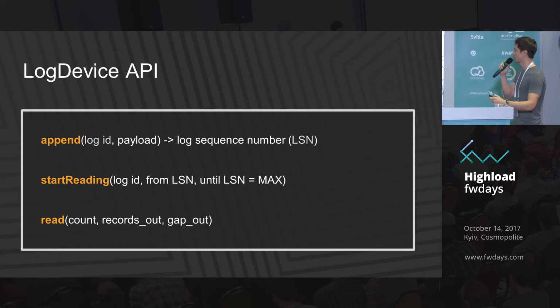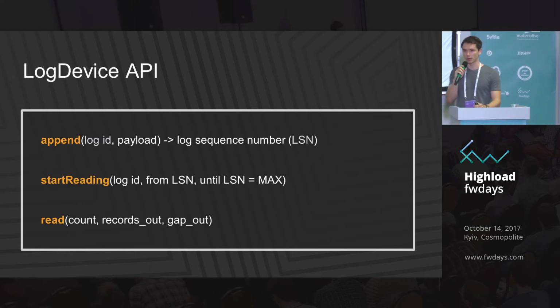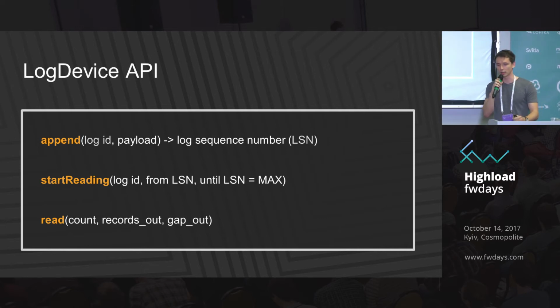To start reading, you specify a log ID and log sequence number. And you also specify a last sequence number where you want to stop reading. If you specify just max, it means that you want to tail. You will read and you might stall at some point, but once a writer adds more records, you start getting more records.